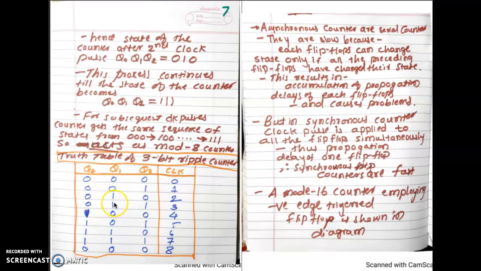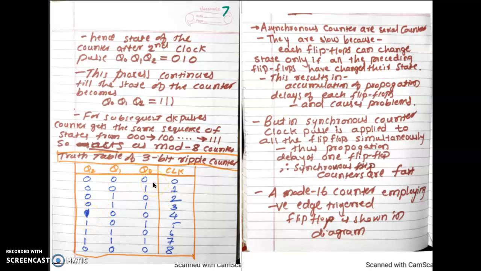Only if it changes from 1 to 0 does it change. So when Q0 changes from 1 to 0, Q1 toggles. When it changes from 0 to 1, it remains in the same state. Similarly, when Q1 changes from 1 to 0, Q2 toggles.